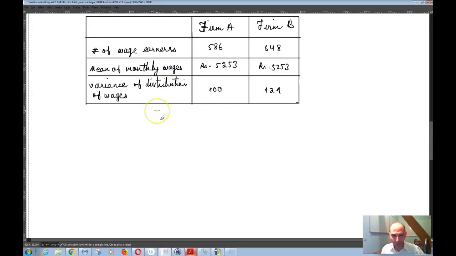Now you know that the formula for variance is sigma squared, which is equal to 1 over n sigma of f of i times x of i minus x bar whole squared, as i goes from 1 to n.